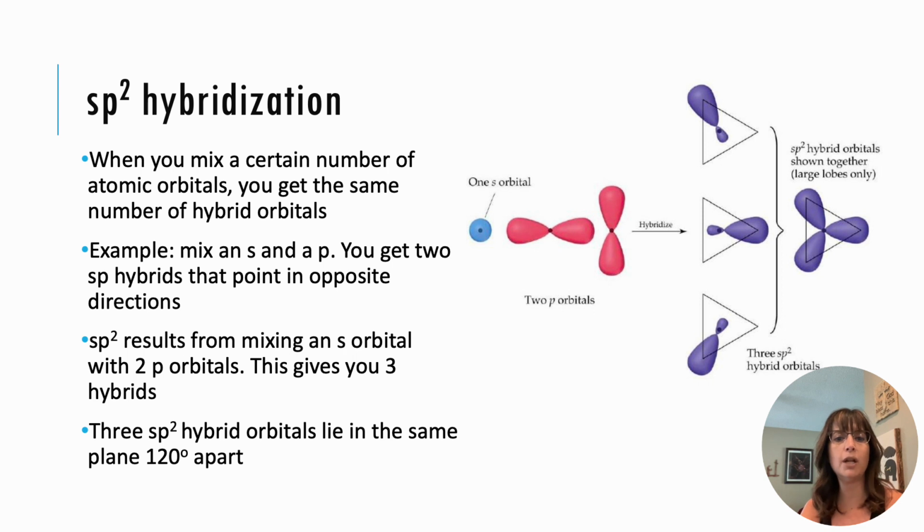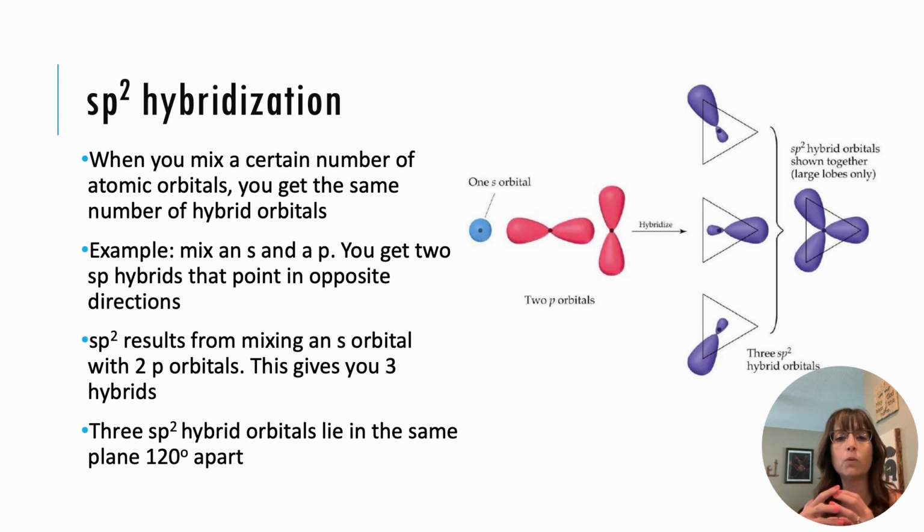So when you mix a certain number of atomic orbitals, you get the same number of hybrid orbitals. So take a look at this picture. If you have one s and 2 p's, you're going to make 3 hybrids. If you start with 3, you're going to make 3. If you take a look at that, this kind of gets a little bit more into the depth that we need to get into, but these will arrange in a way to where those small lobes all point to each other.